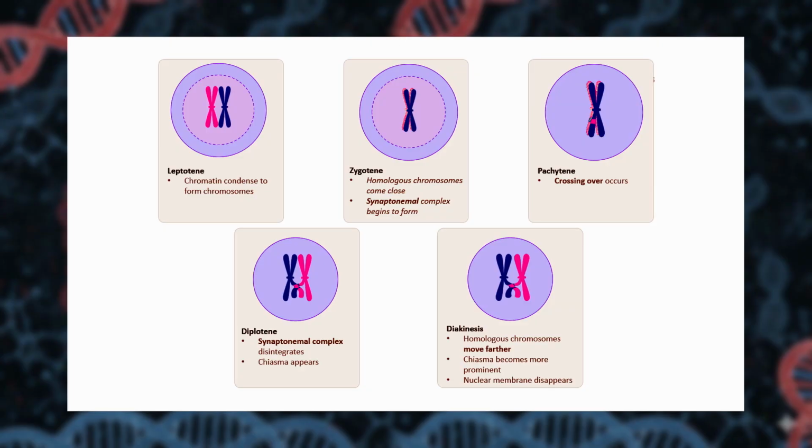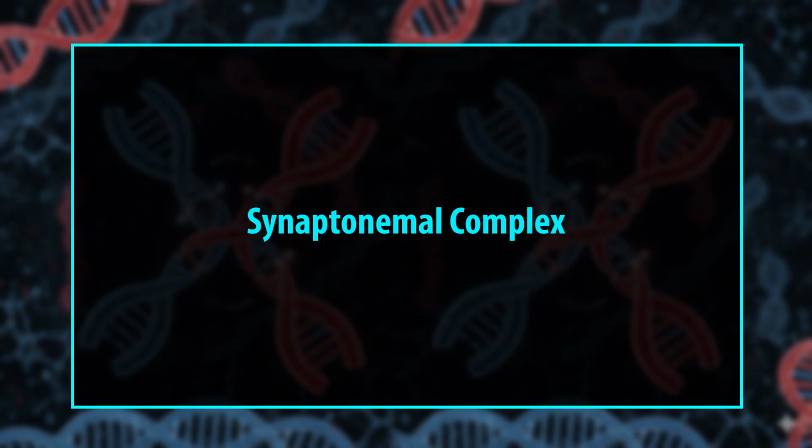These breaks are repaired through mechanisms involving Holliday junctions, leading to exchange of genetic material. Diplotene: homologous chromosomes begin to separate and chiasmata become visible. Diakinesis: chromosomes condense further, and chiasmata move towards chromosome ends, which is called terminalization.